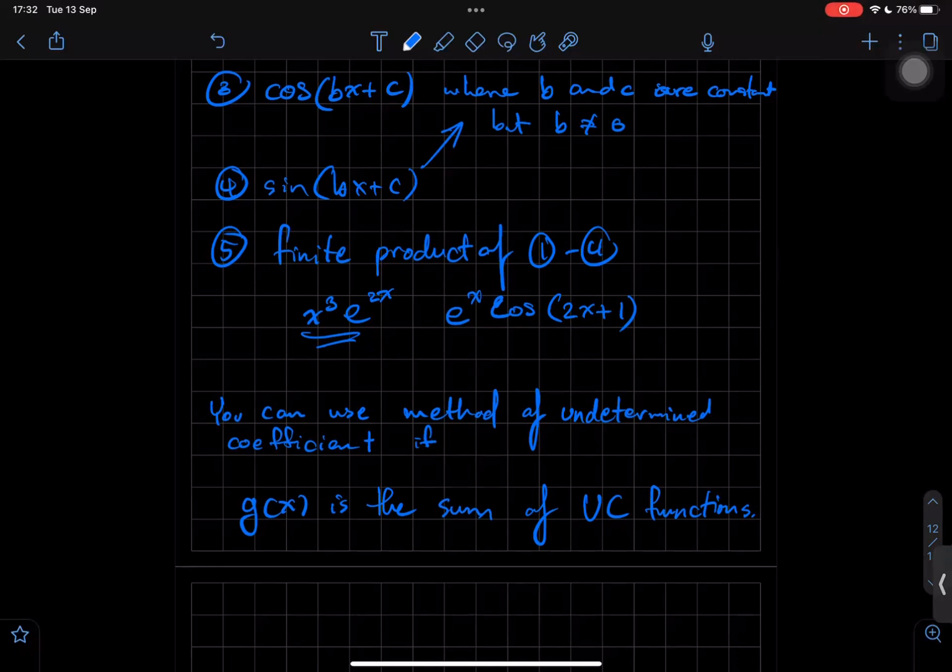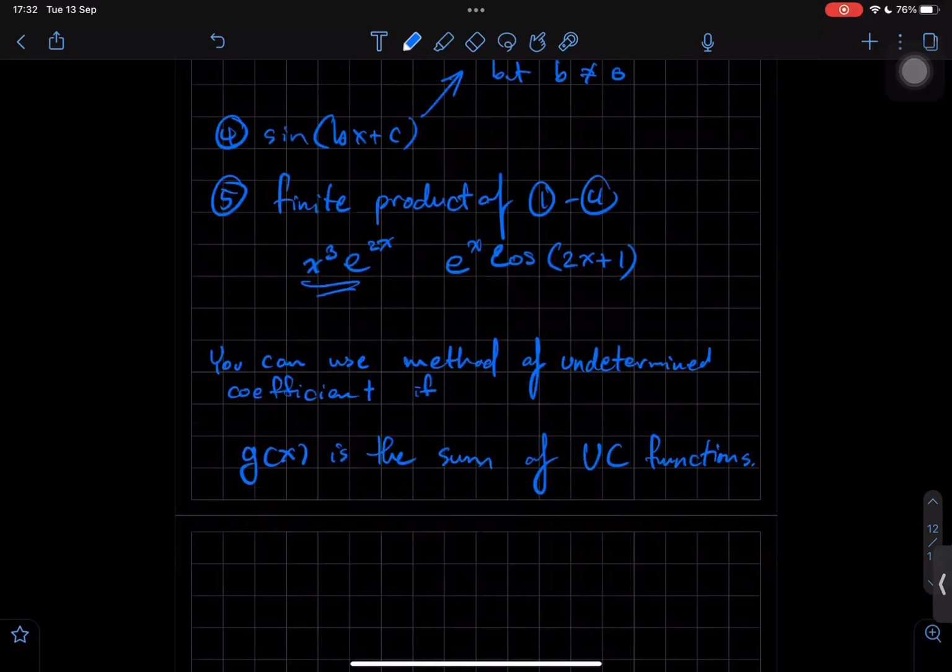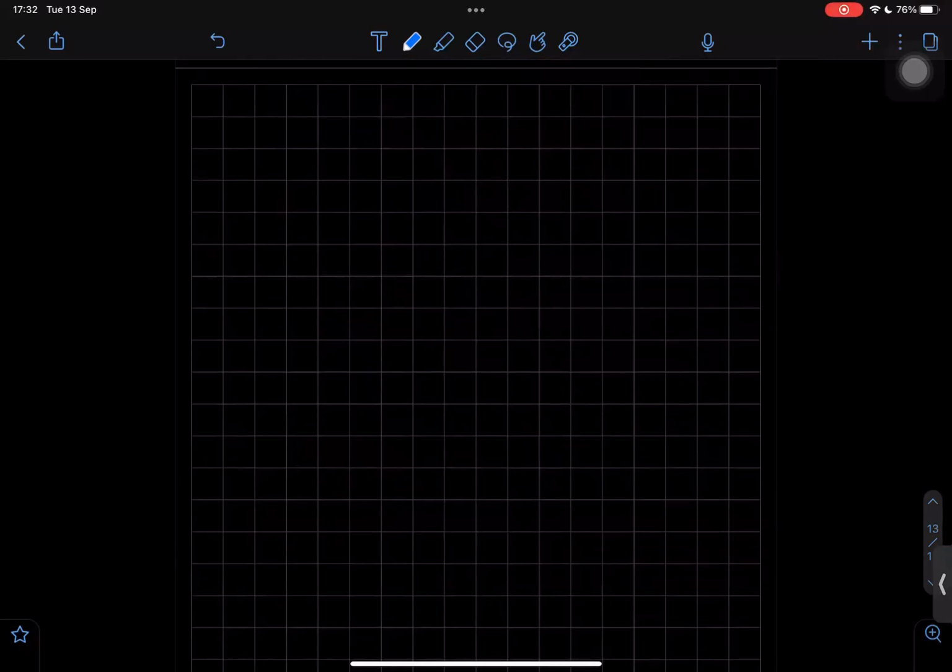Okay, so maybe you will see from the example how to solve. Suppose D squared plus 4D minus 5, y equals 3 sine 2x plus 5x plus 4.